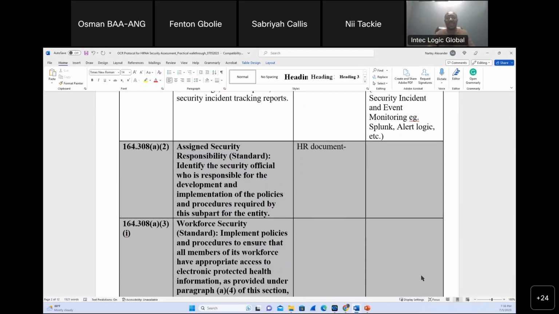Mostly the HR document should be able to state the job description of a HIPAA security officer, right? That will tell you that this company is committed to HIPAA.